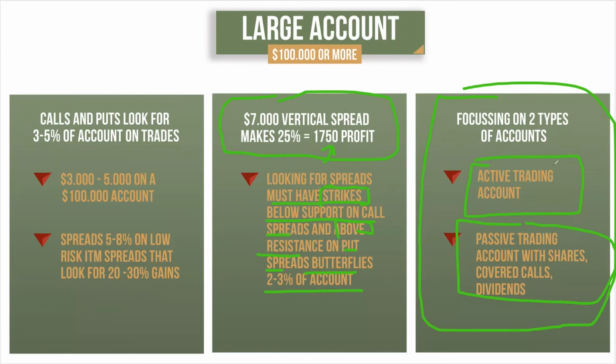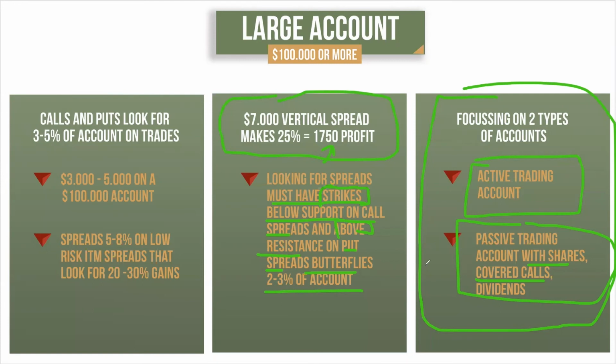Your active trading account, you're just sticking with your day trades. Your passive account, that's where you're looking for those longer term growth strategies, your longer term positions, your longer swing trades. You're looking to buy shares and sell covered calls. You could be buying some higher paying dividend stocks, or you could be utilizing some deeper in the money vertical spreads or some LEAPs.